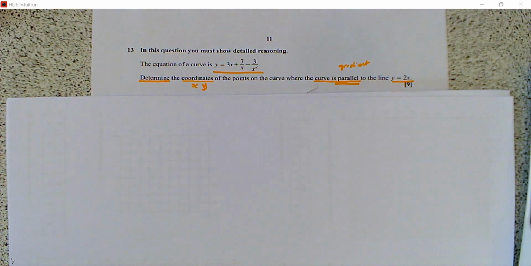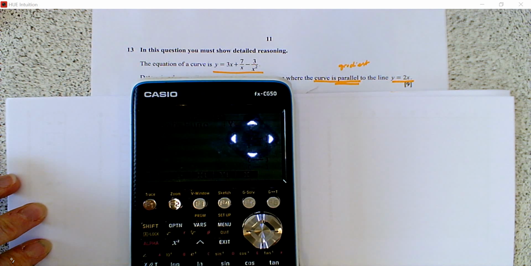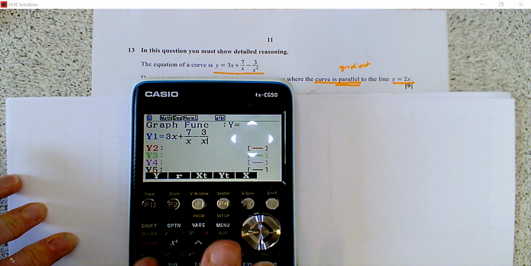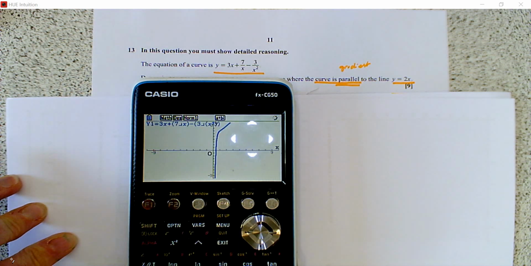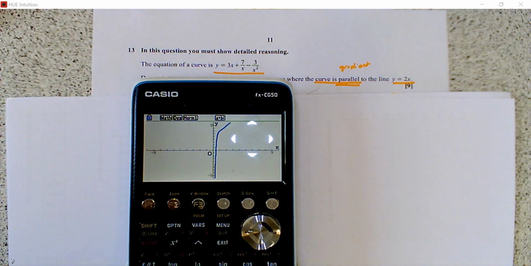Well, to get a handle on what's going on, I'm going to sketch it on my calculator first. So we've got y is 3x plus 7 over x, and then minus 3 over x squared. I'm going to draw it. I can kind of see some of it. It's not ideal. I could look on the view window.